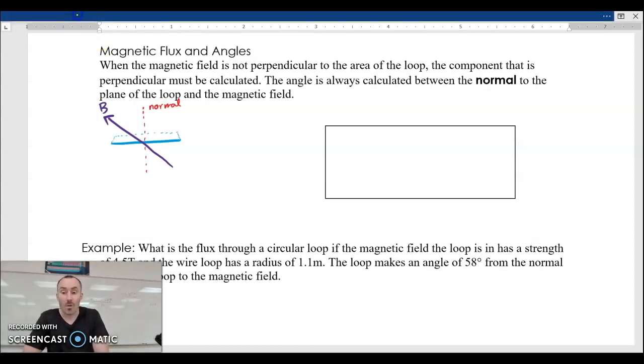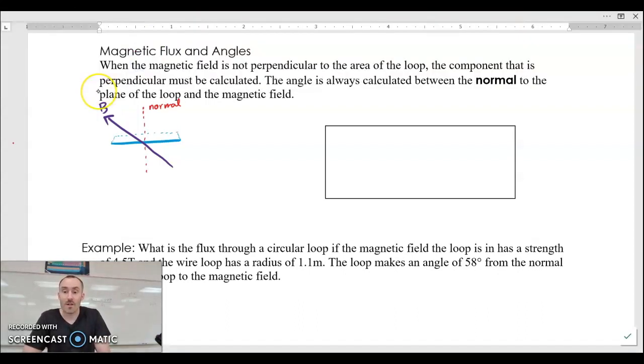Okay, and so here's what we're going to do. We need to measure the angle between the field and the normal line. This is the theta that we're going to use to figure out how much different our field is from perpendicular. From perfectly perpendicular, we just use flux equals BA, but if the field is not perfectly perpendicular to that loop, then we have to use components again.